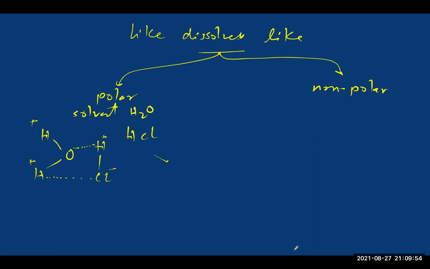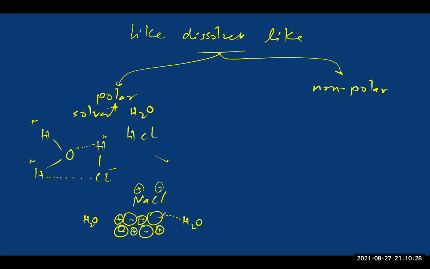What will be the case if we have an ionic one? For ionic compounds like NaCl, we have ions, a positive charge and a negative charge here. All the ionic compounds will form a lattice. So we will have a lattice which is formed of positive and negative ions. If this lattice comes in contact with H2O, what will happen here?